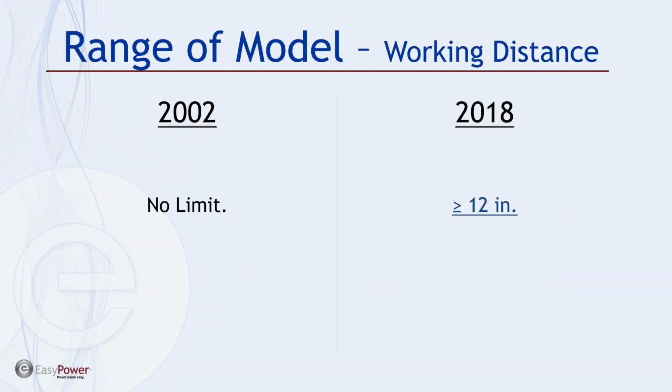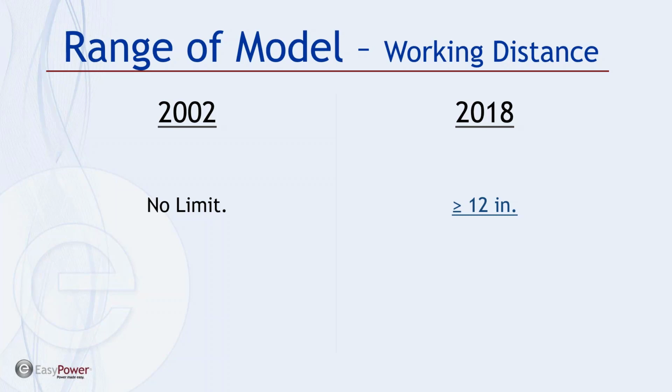Working distance is one I'm going to reserve comment on until later, but in 2002 there was really no range or limits as far as the working distance. So the model was apparently able to predict a working distance both very small and very long based upon whatever the incident energy was.